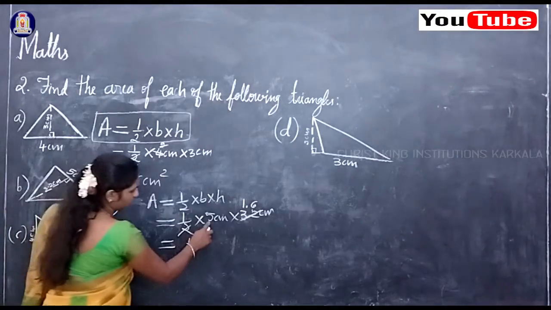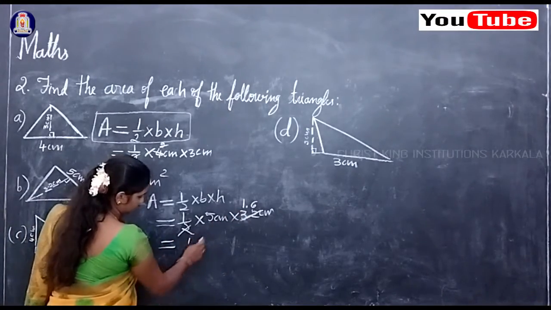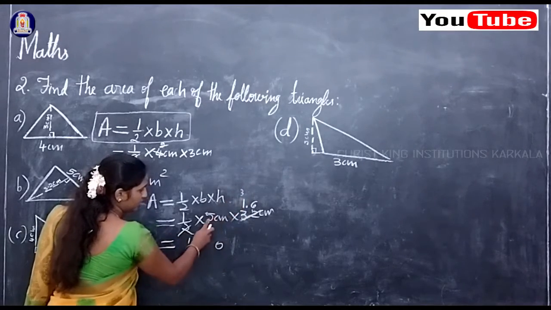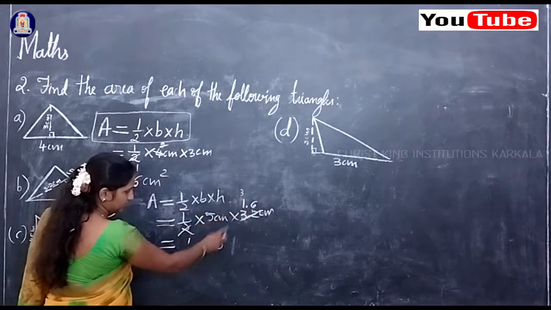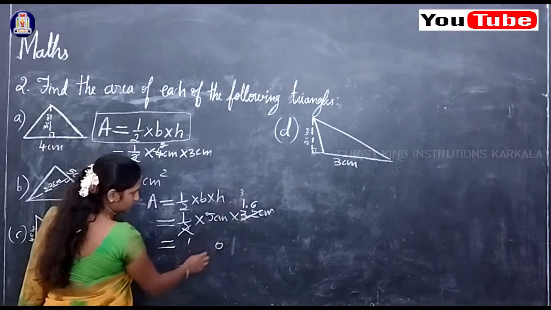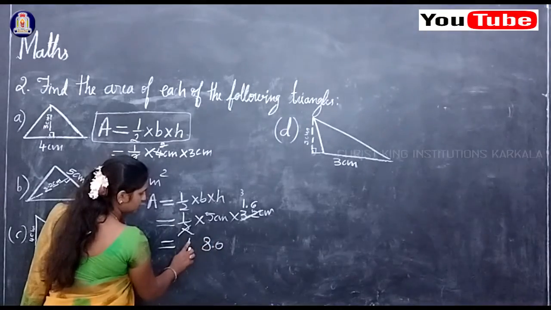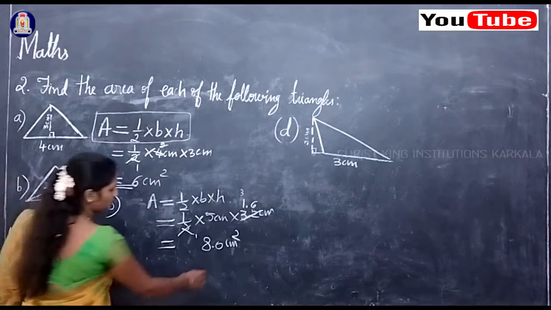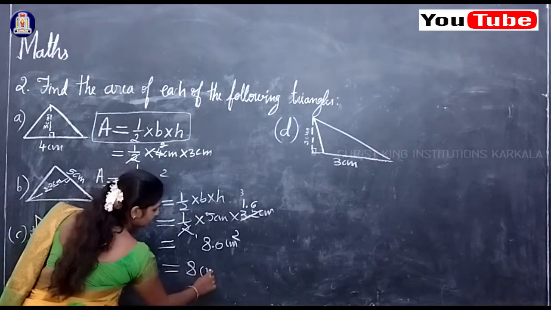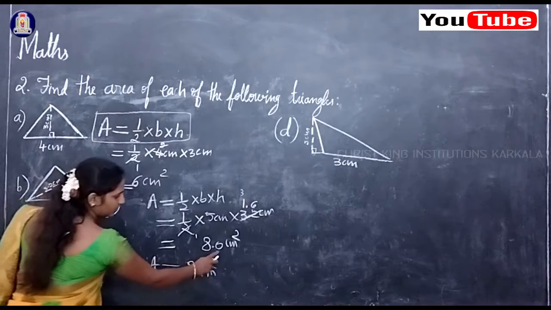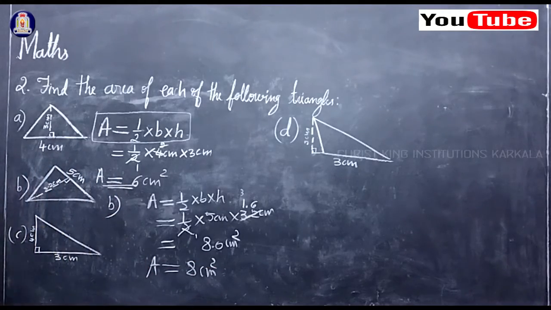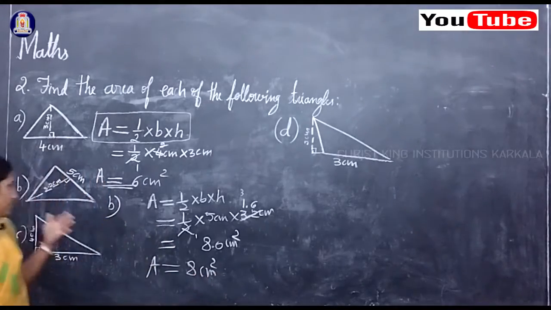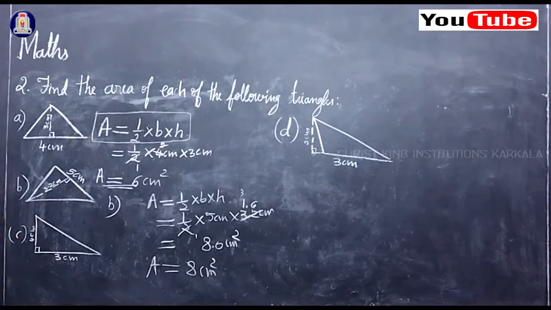So the answer is 5 into 1.6. 5 sixes are 30, 3 remaining, 5 ones are 5, 5 plus 3 is 8. So 8.0 centimeter square, which means 8 centimeter square. Clear? After the decimal point there is 0, you can neglect that. So this is the area of the second triangle.